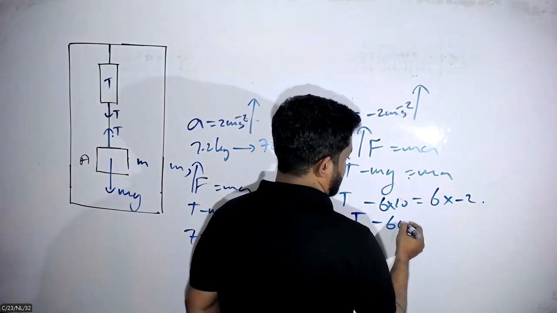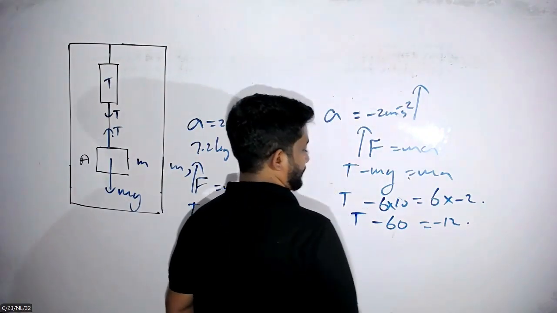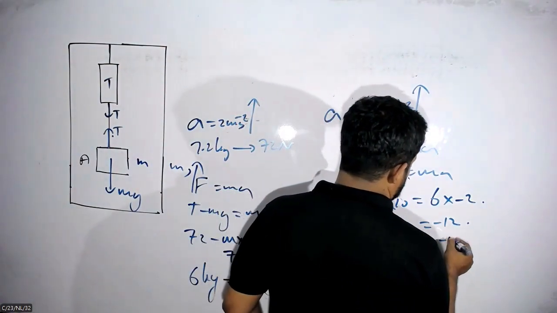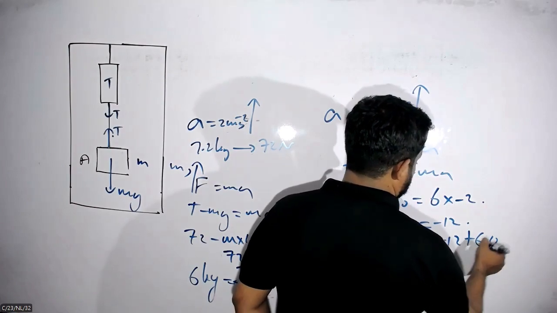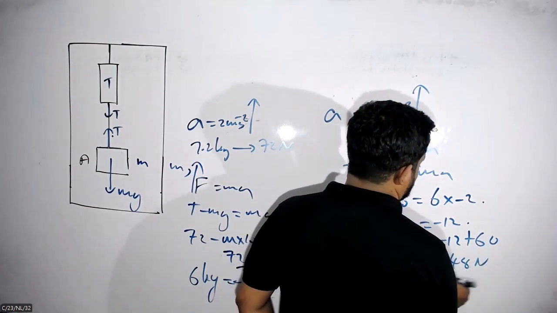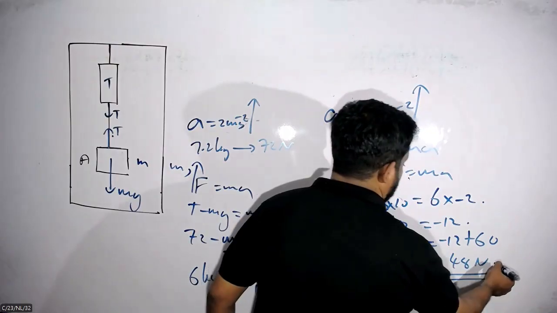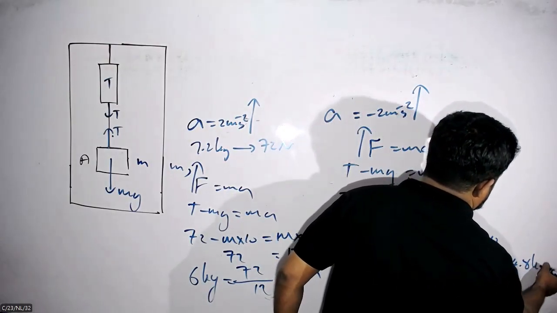T minus 60, here it becomes minus 12. The answer is T equals minus 12 plus 60, which is 48 Newton. 48 Newton means 4.8 kilogram.